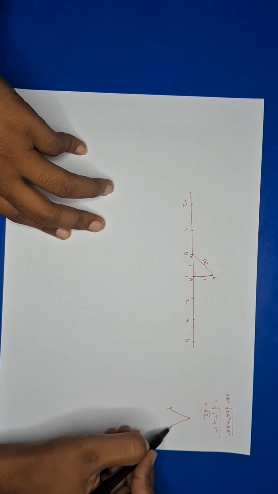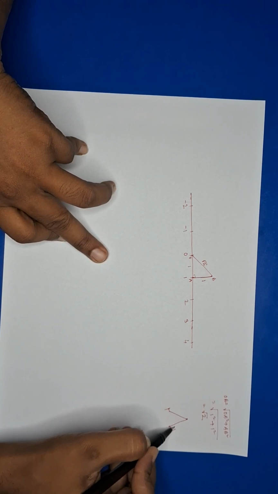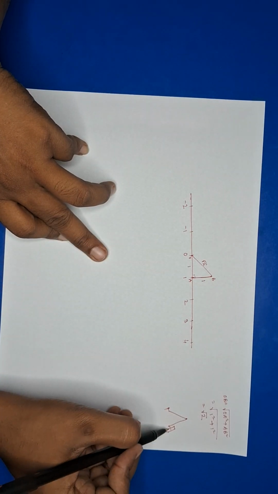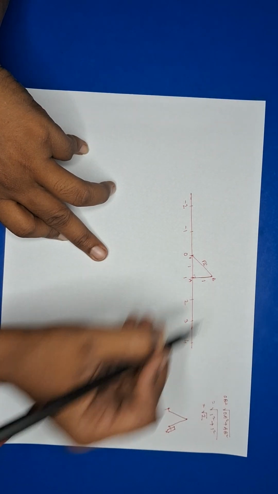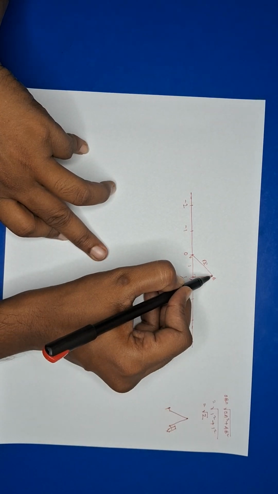This is one needle and another one is the pencil side. You put the needle on O, point O, and put the pencil on B.